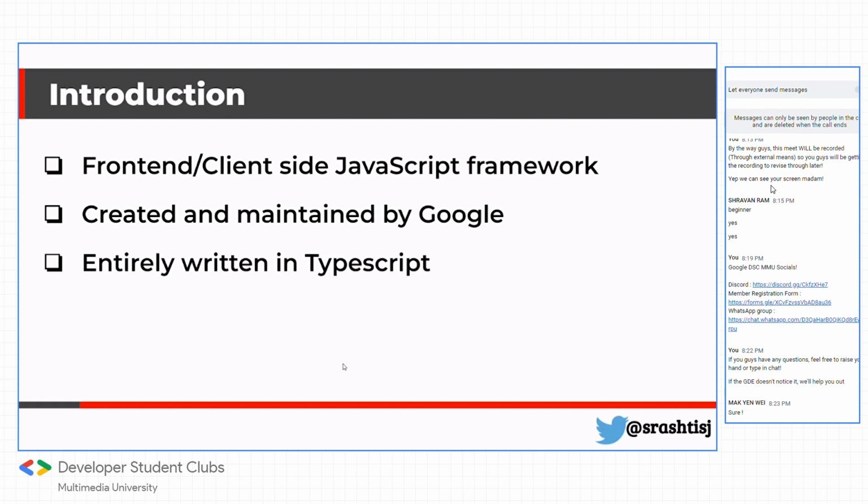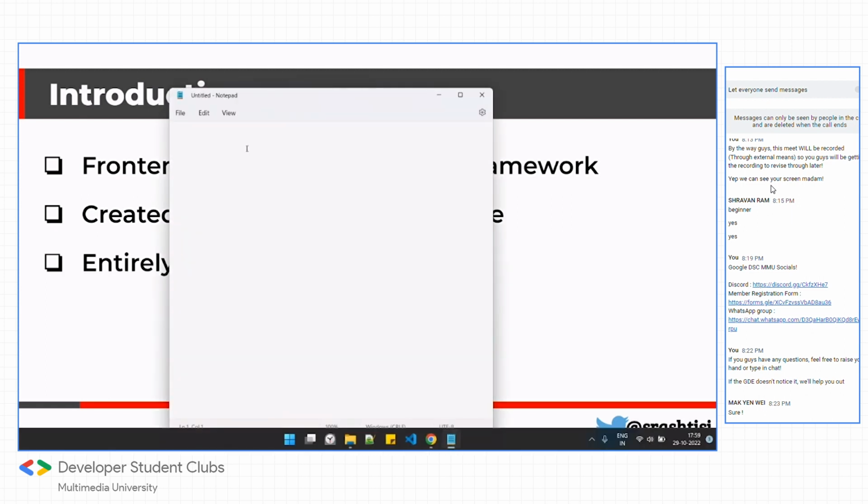In JavaScript, you'll just write var count equal to, and if you say a, it will treat it as a string. If you say 1, it will treat it as a number. So you don't have to worry about those things.